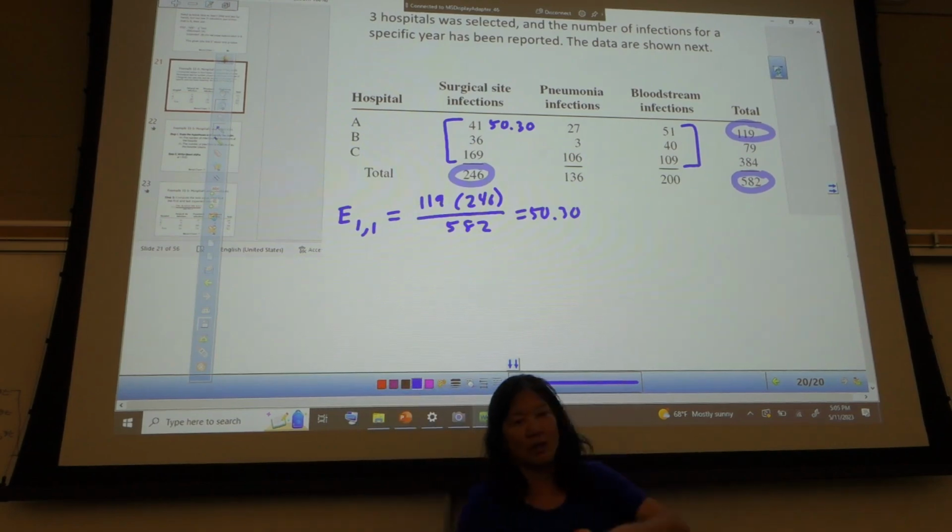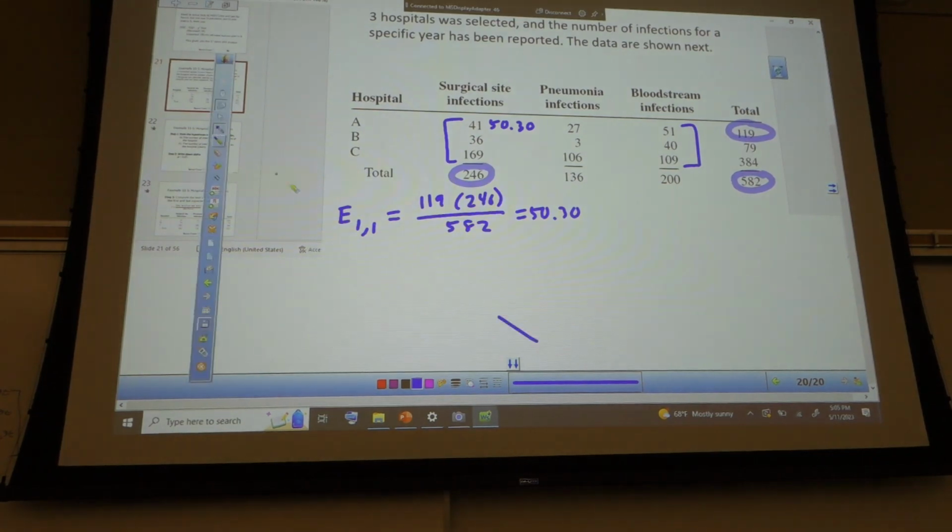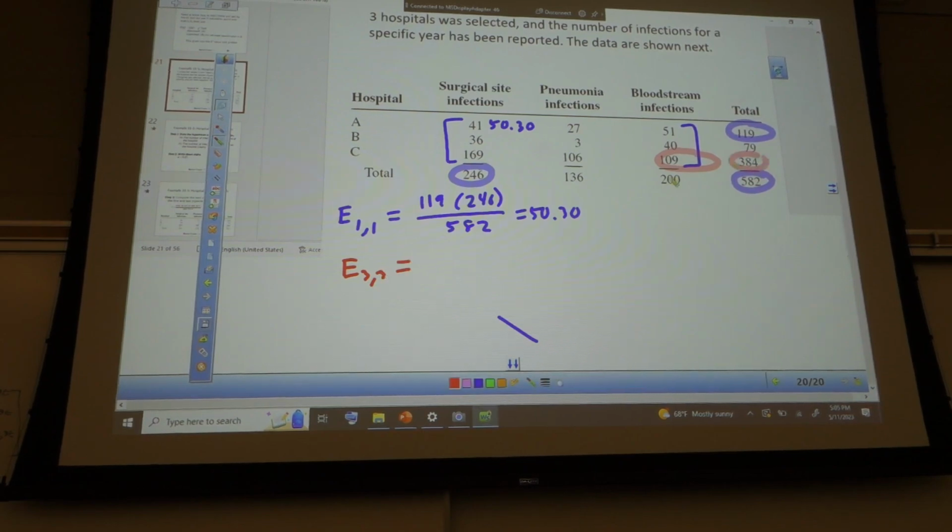The last one. What's my row? What's the row for the last one? That's this spot here. Does everyone kind of follow? What row is it? The third row. Yep, what column is it? 3. So it's E33. And again, I'm going to take the row total and the column total. I'm going to multiply those.